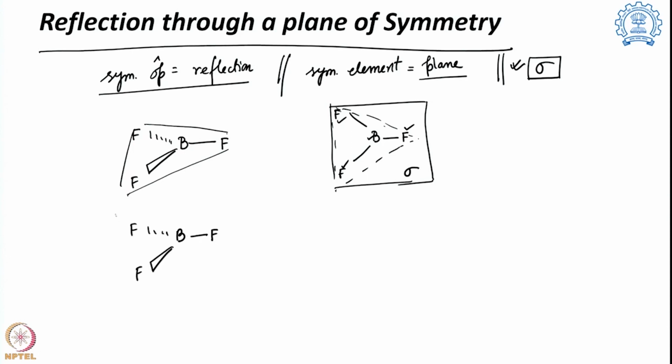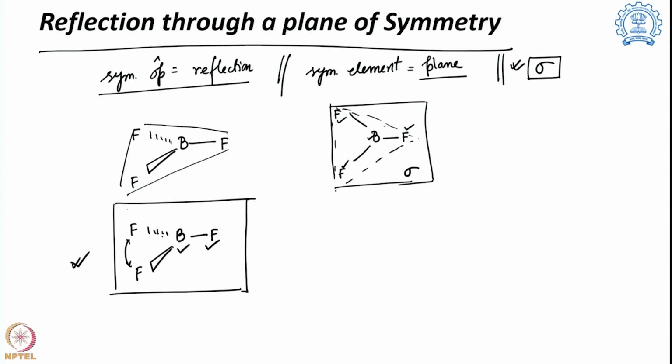For example, in this particular orientation, this plane of symmetry, which is the plane of the paper, contains this boron and fluorine and reflects this one. So, this one is up, this one is down.